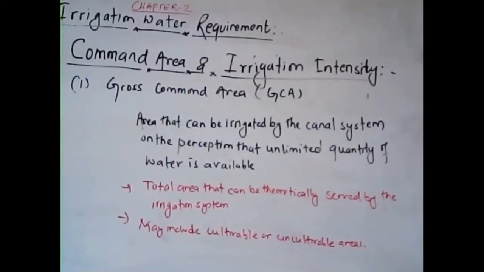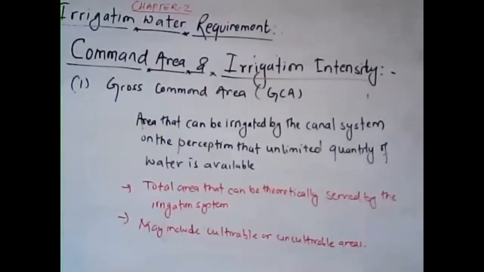Now first is our gross command area, GCA. This is the area that can be irrigated by a canal system on the assumption that an unlimited quantity of water is available. So in this gross command area, we have an ample amount of irrigating water from the canal. This is the total area that can be theoretically served by the irrigation system.